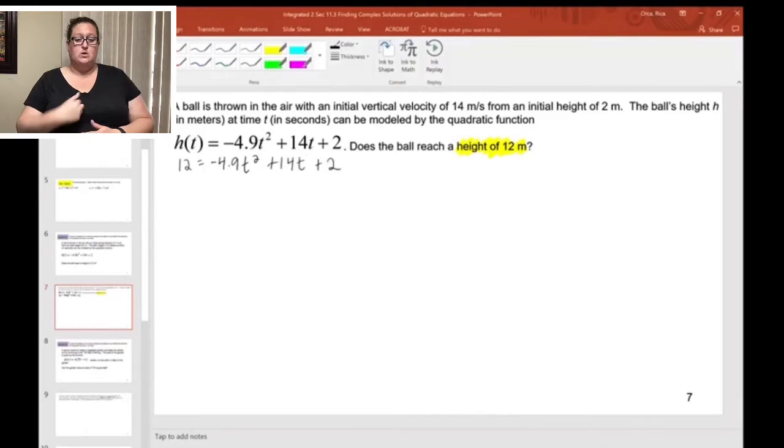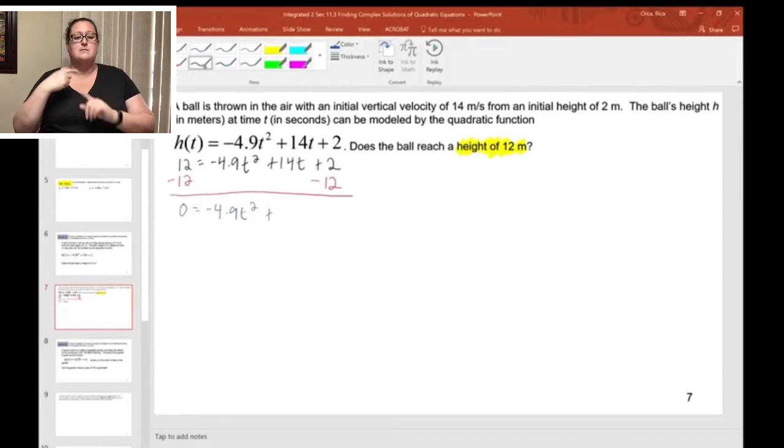We're using the quadratic formula to solve this, so let's set our equation equal to 0 by subtracting 12 from both sides. Now we have 0 is equal to negative 4.9 t squared plus 14t, and 2 minus 12 is negative 10.